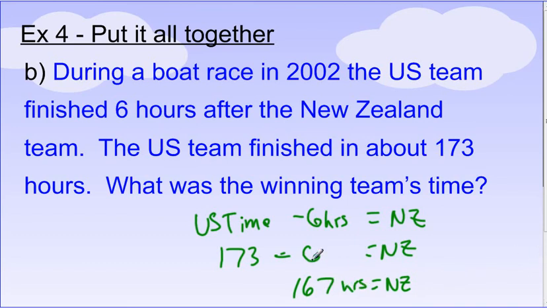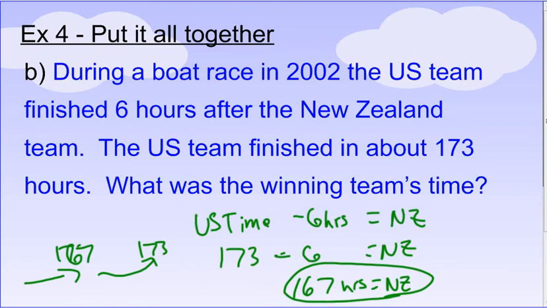Now, double check your answer, make sure it makes sense. Is this 173 hours 6 hours after the 167? Well, yeah, if they're doing a race, the first team finished in 167 hours. 6 hours later would be 173 hours. So yes, this answer makes sense. That is the correct answer.